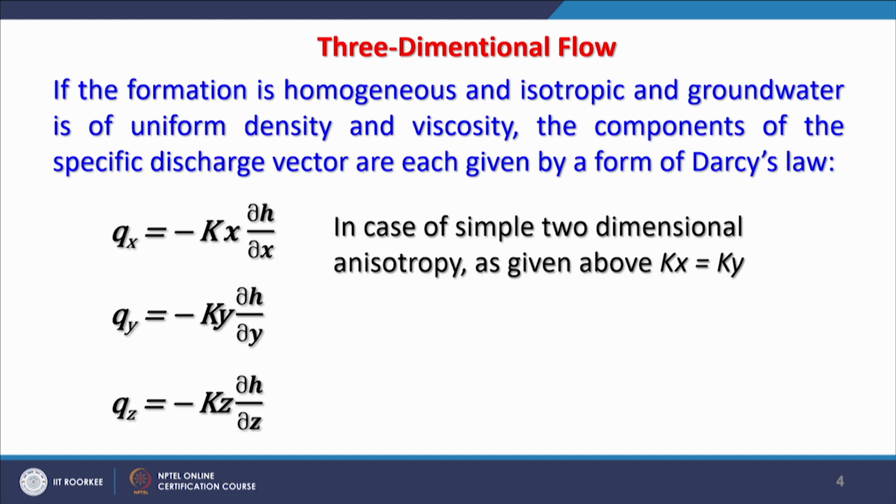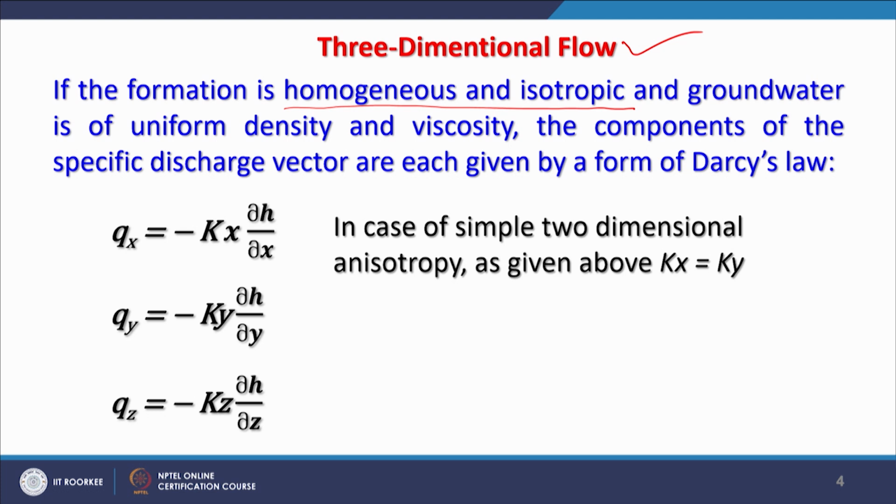So, in the case of 3-dimensional flow which we are discussing, if the formation is homogeneous and isotropic, though we have also discussed that this is a very rare condition, anyway we start with simple conditions and then develop further.